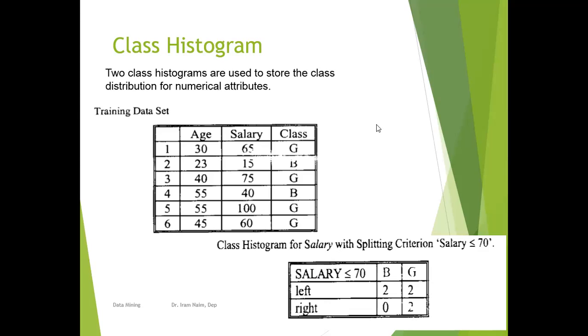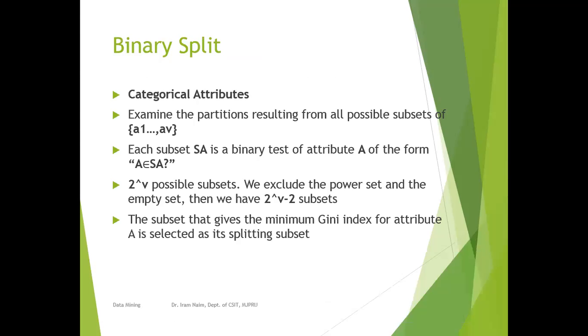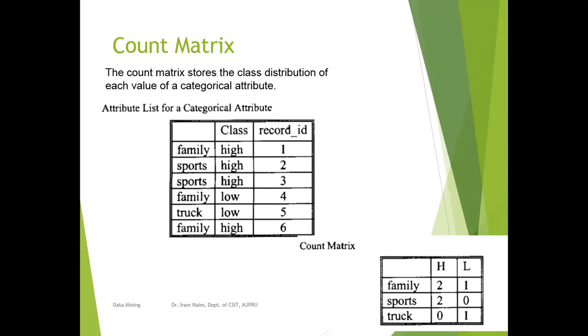And then if we talk about categorical attributes, we take the possible subsets of these values. Okay, so to generate the possible subsets, we use the count matrix. In place of a class histogram, we use a count matrix. The count matrix stores the class distribution of each value of a categorical attribute. So we have two classes, high and low.